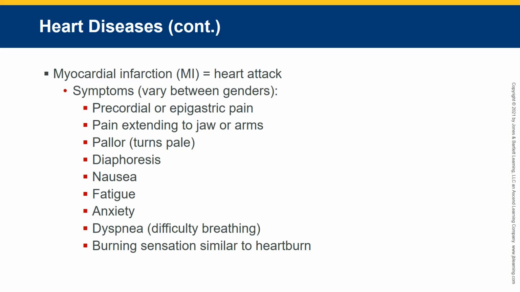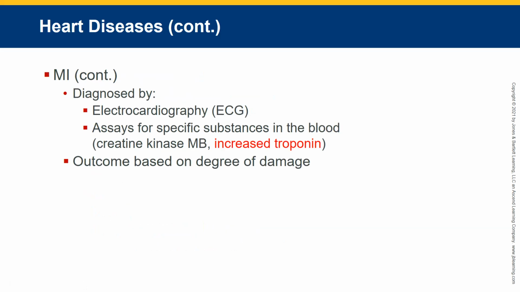Women do see the pain in the jaw that we see here, less that down the arm thing. A lot of times they feel pain around the back, and just a general feeling of kind of not feeling good. They'll feel bad for a few days.